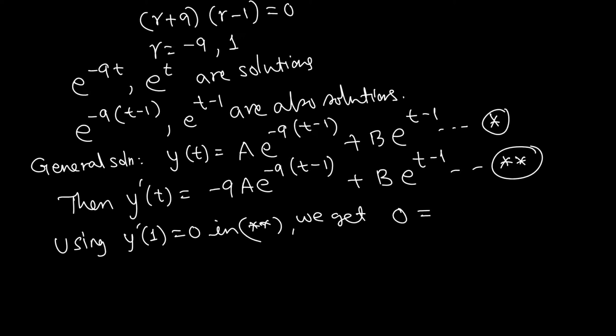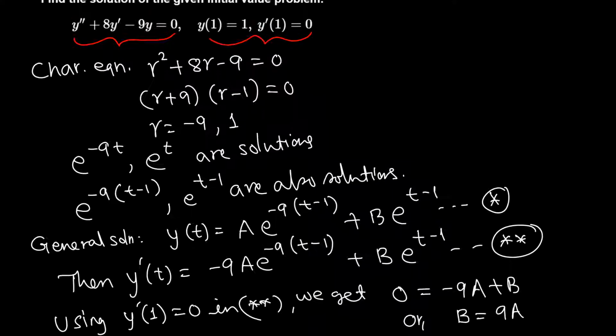Negative 9a e raised to 1 minus 1, which is 0, so e to the 0 is 1. Here e to the 0 is also 1, so that's plus b. So 0 equals negative 9a plus b. We'll get a system of two linear equations, and we can solve by substitution or elimination. I can isolate b equals 9a.